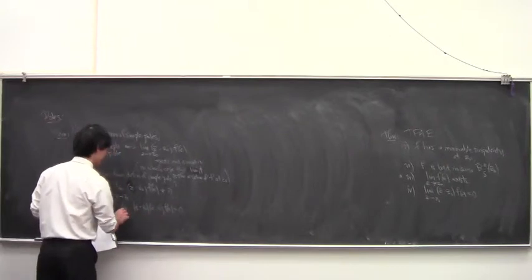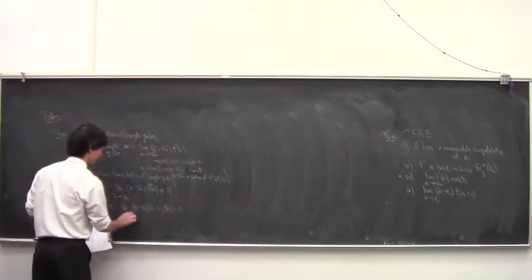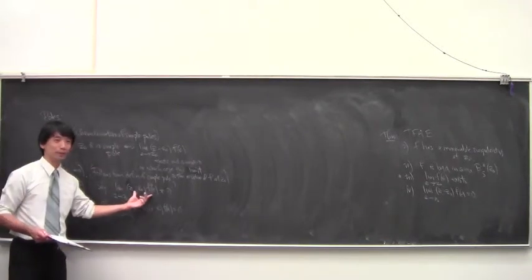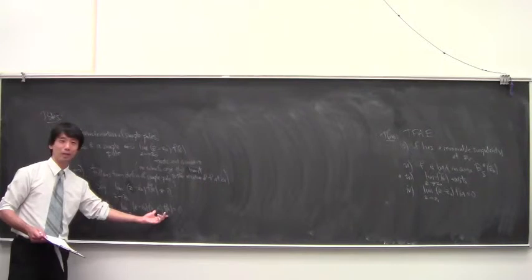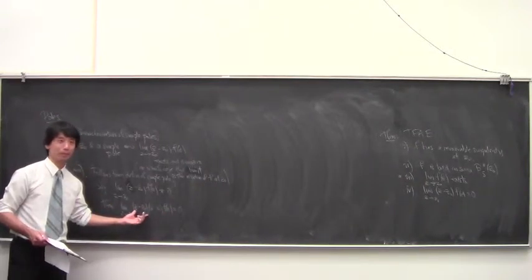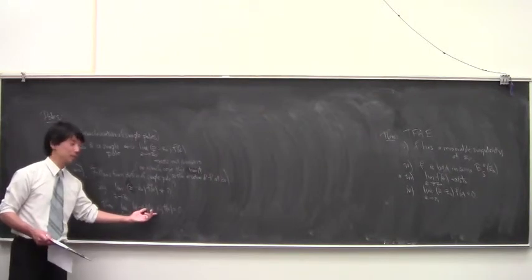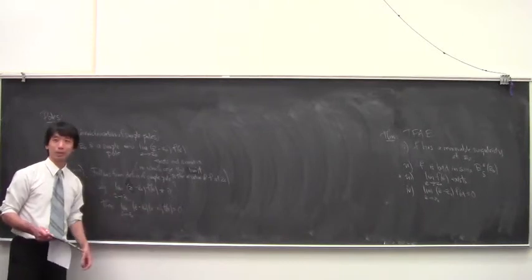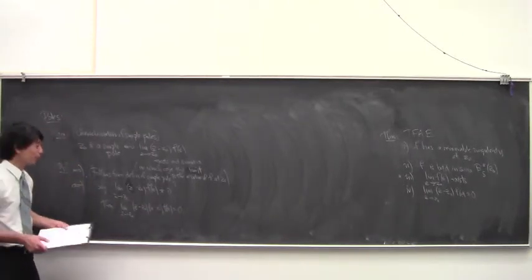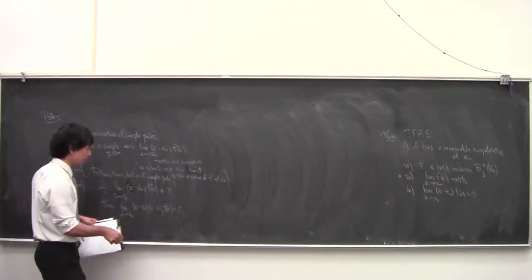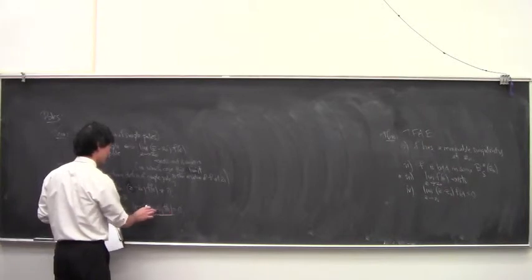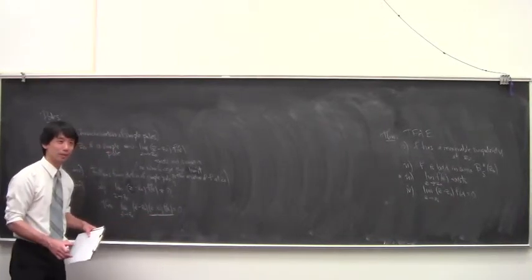Well, I do get 0, because the limit of this thing is 0. So I've got something that goes to some non-zero finite number times something that goes to 0. And so the limit of this product is going to be the product of the limits, namely 0 times some number. Okay, so what does that tell you?